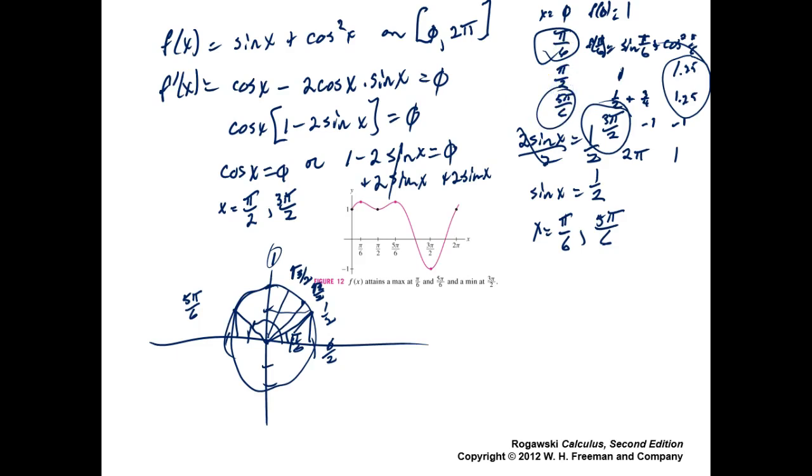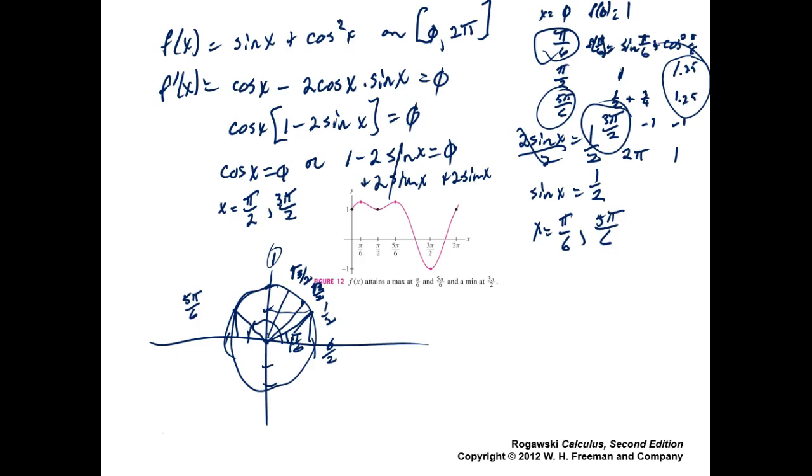And this graph, I think, shows it to us, sort of. So yeah, sure enough, we started at 1, went up to 1 1/4, went down to 1 again, right? Yep. Then we went up to 1 1/4 again, down to a minus 1, and then back up to 1 again.